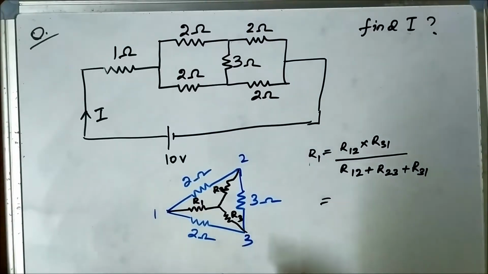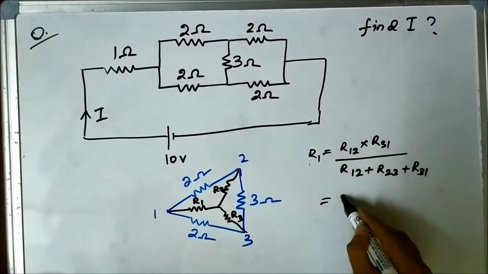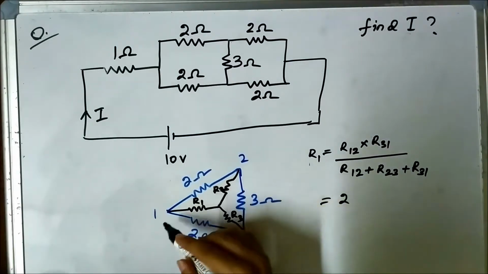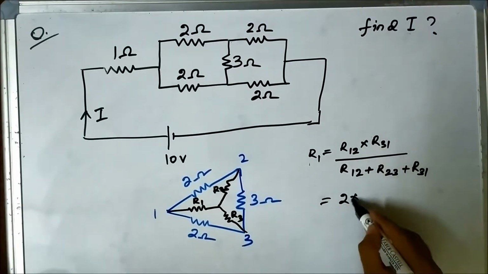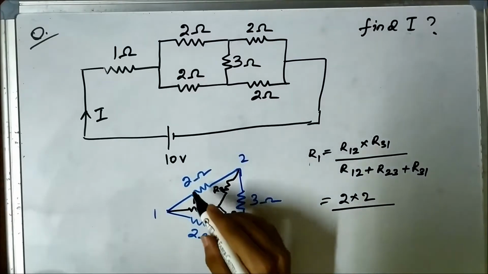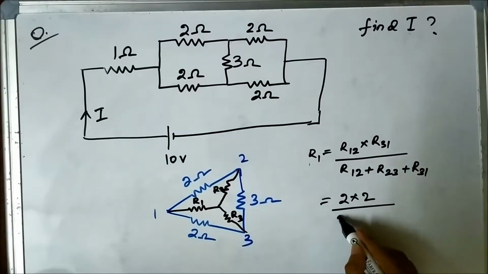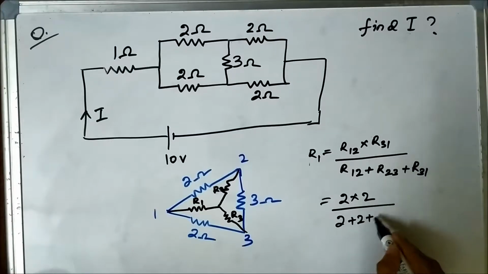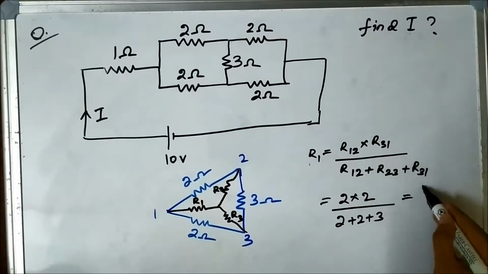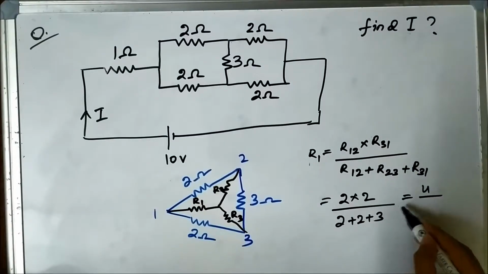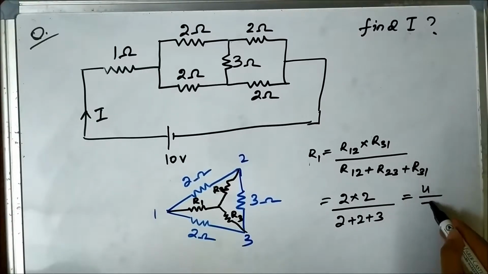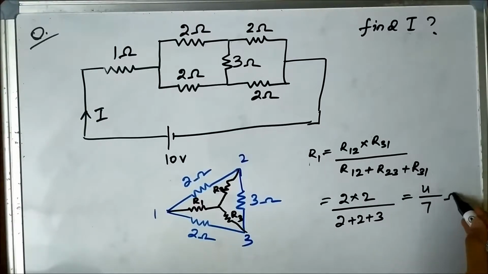So here R12 is 2 ohm, R31 is 2 ohm, so it is 2 into 2 by 2 plus 2 plus 3, which is equal to 4 by 7 ohm.